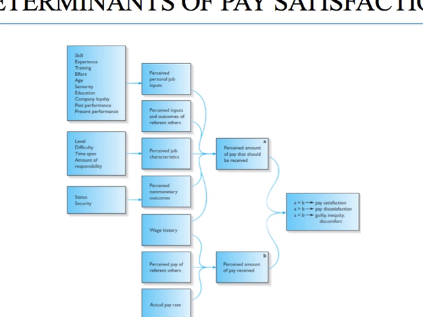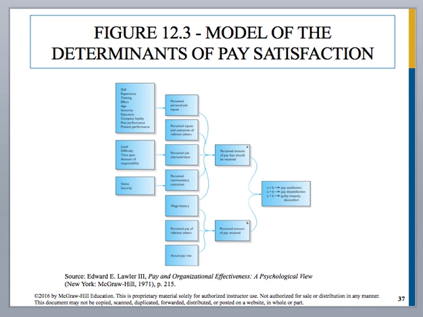And so you see that you then factor everything here on the left down to level, difficulty, time span, status, security, and how these all factor in to get that outward determinant of pay satisfaction. And once again, that's figure 12.3 in your textbook.